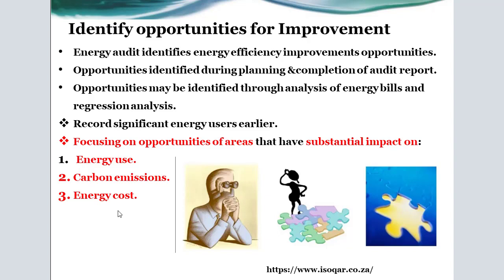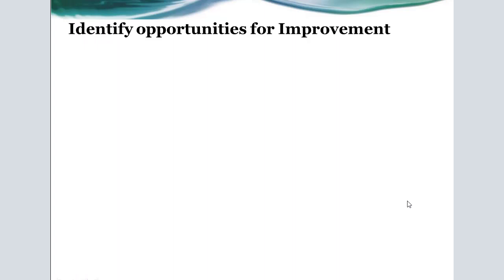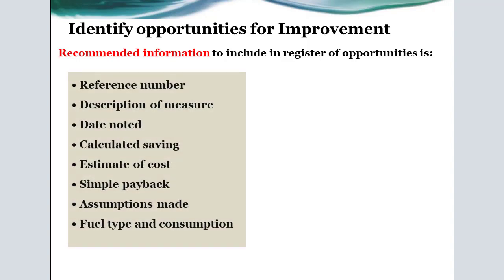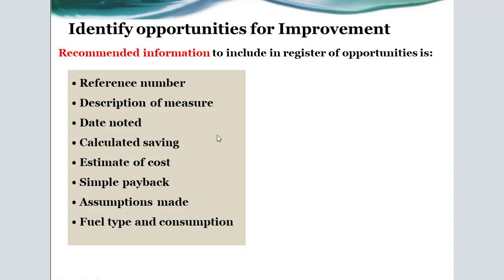The identification of opportunities for improvement requires the collection of information that must be included in the process of registering these opportunities, and this may include different categories or subtitles such as reference number, description of the measure that we will consider, the date, the saving calculation, the cost estimation, and simple payback period.